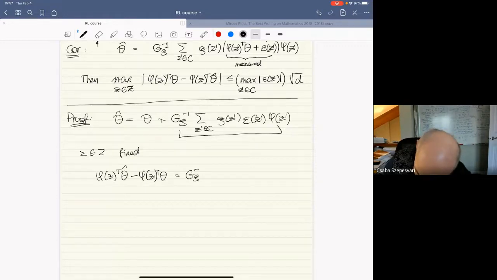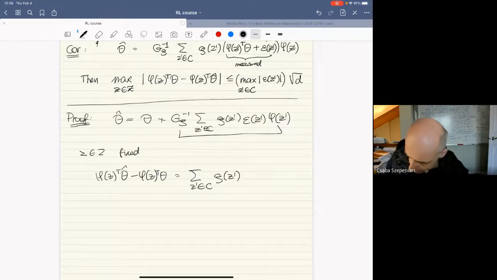So this is just equal to this. And on the left-hand side, I'm just going to rewrite this by moving the matrix in, in a different order to make everything nicer.